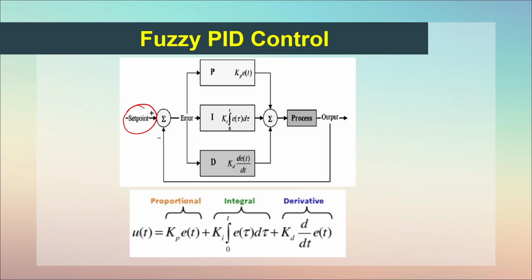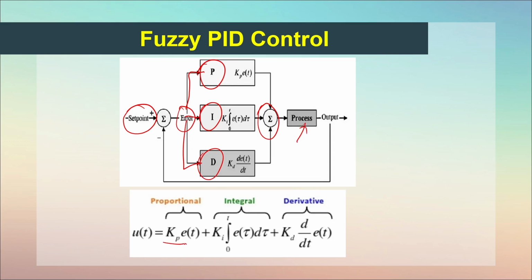Suppose the system operation has error, the error is divided into 3 kinds of error: proportional error, integral error, and derivative error. These 3 kinds of errors are summed up and given to the process. It produces the output, which is again fed back. This is the way in which the system is operated.